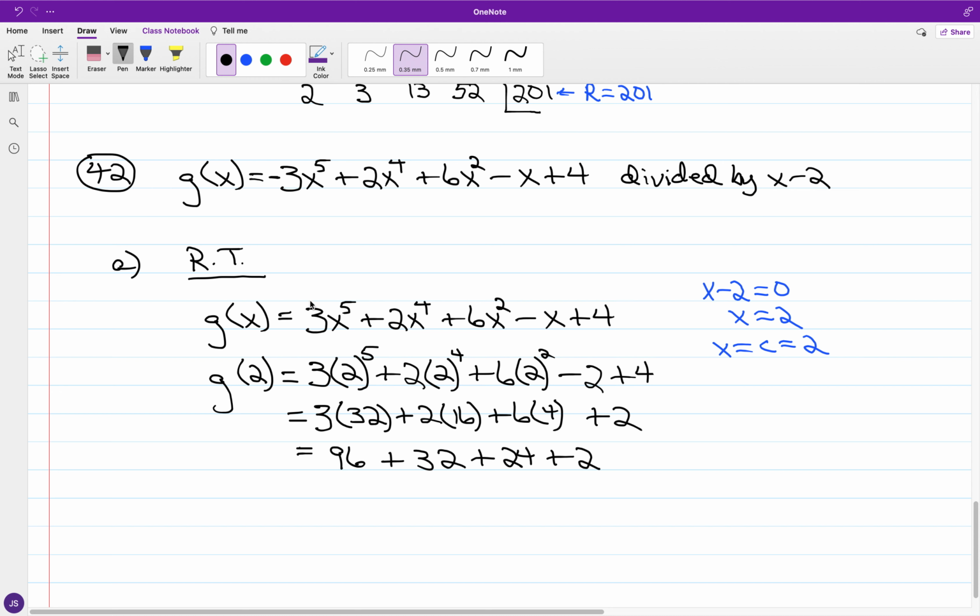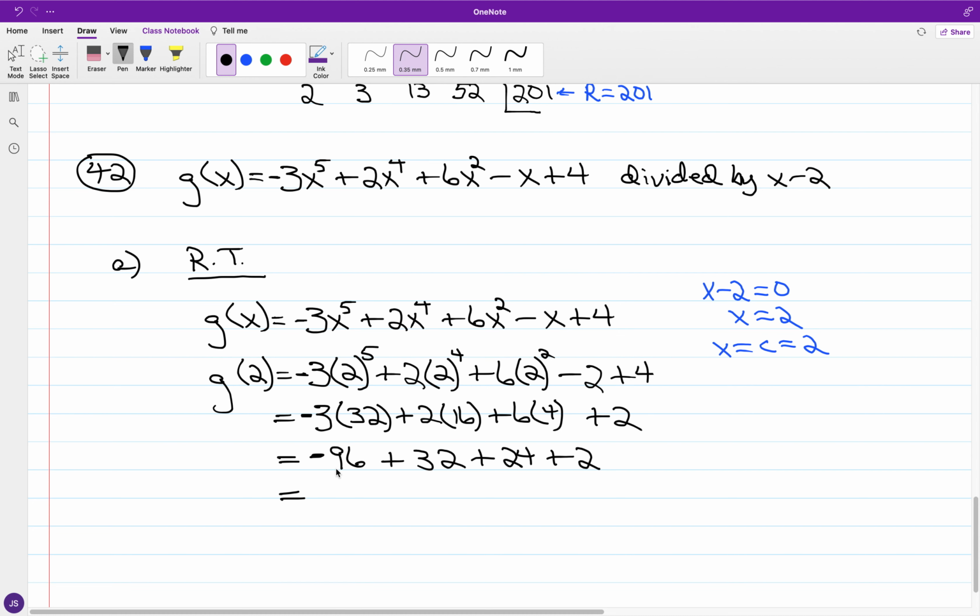We've got negative 3x to the 5th. Let me double check here. So we got negative 96. Yep, making sure I got this right: negative 3x to the 5th, 2x to the 4th, 6x squared, minus x plus 4.